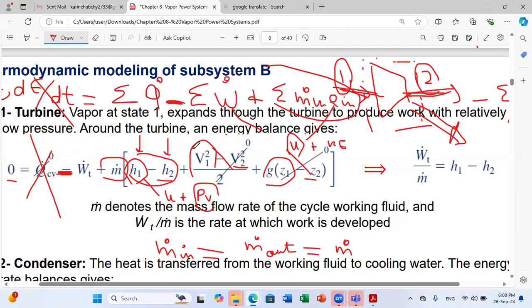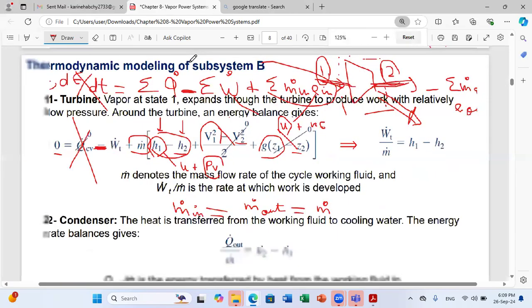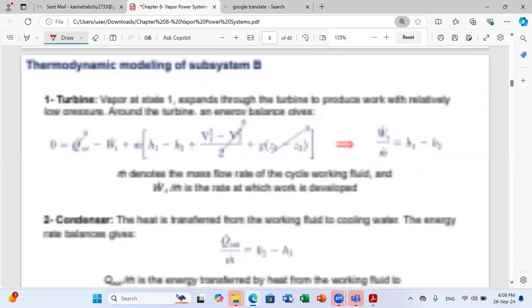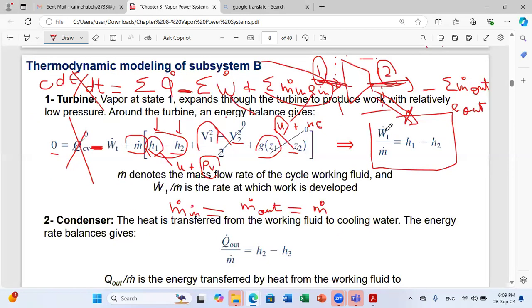If not, they should give us information about velocities. After simplification, we get a very simple equation. The equation for the turbine states that W dot turbine over m dot is equal to the variation in enthalpy between the inlet and the exit: W dot turbine over mass flow rate is H1 minus H2.